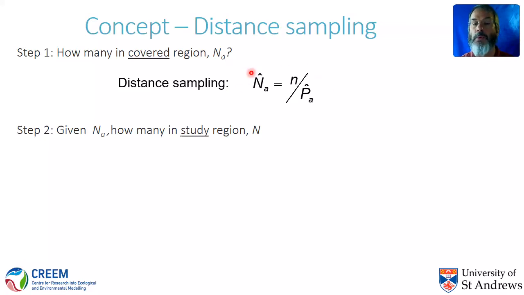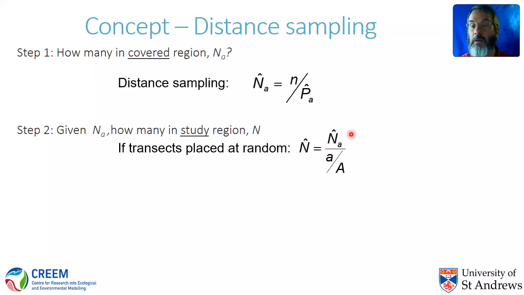The key to producing an estimate of the number of animals in the area that we visited, given that we don't assume that we detect them all, is to take the number of animals that we do detect and divide it by the probability of detecting them.